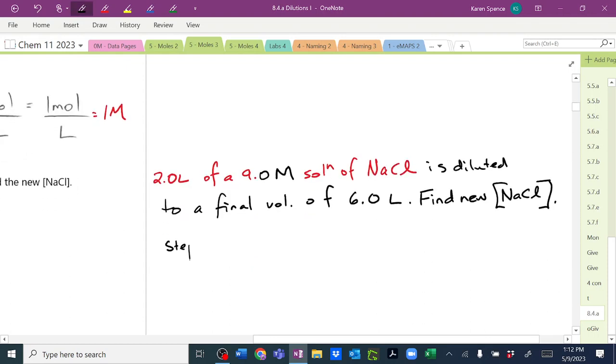Step 1. Because the moles before are the same as the moles afterwards, our first step is going to be to find the moles of the solute. So in this case, who is the solute?